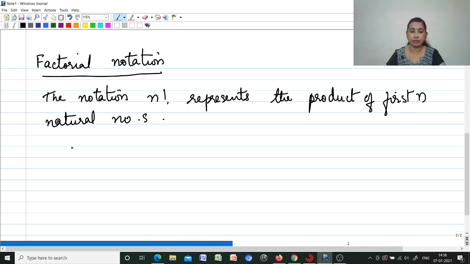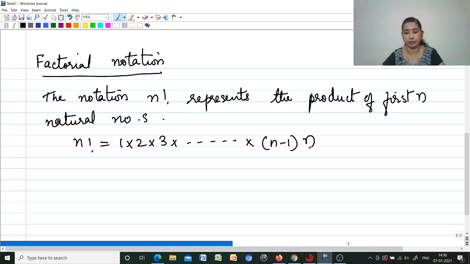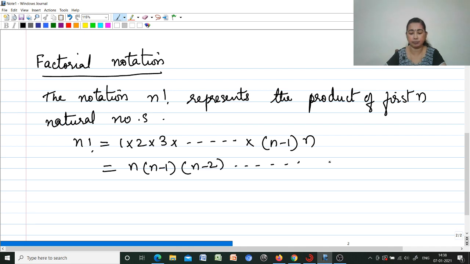So n factorial means 1 into 2 into 3 into etc. into n minus 1 into n, or in other words we can write it in reverse order, that is n into n minus 1 into n minus 2 into etc. up to 1. This is called factorial notation.